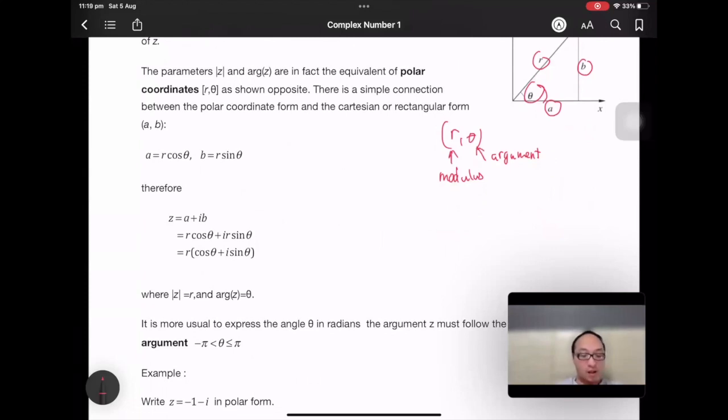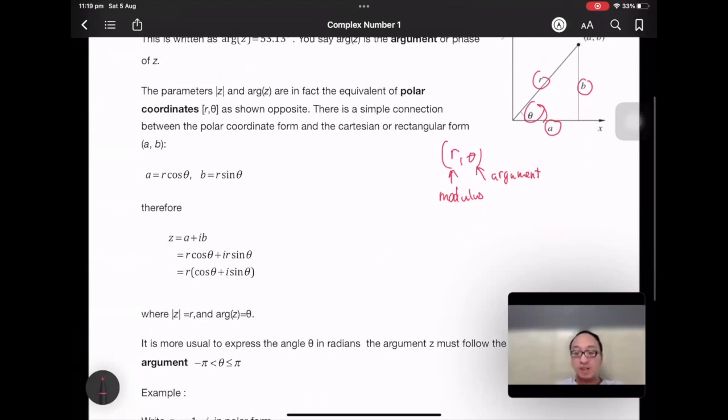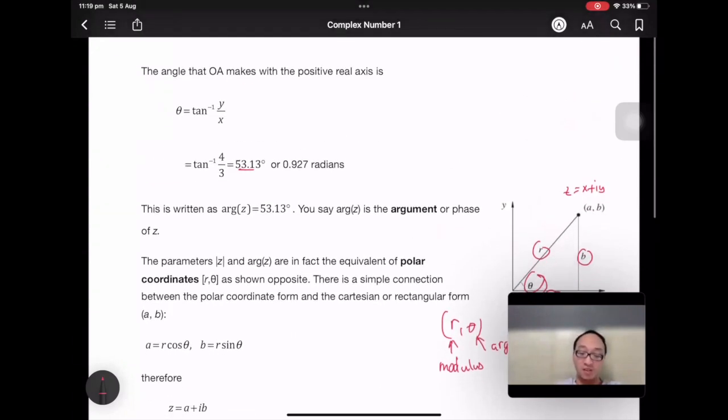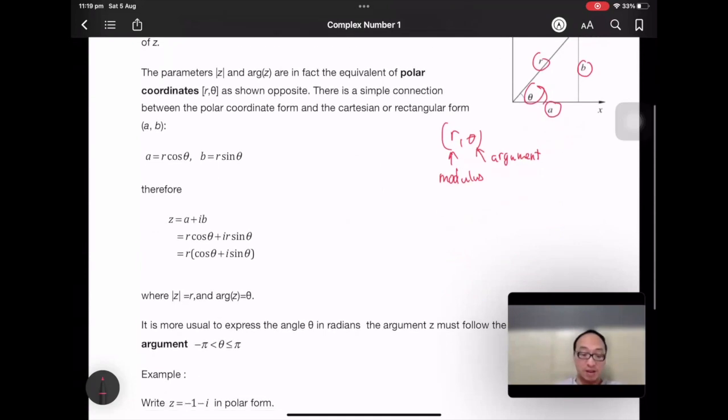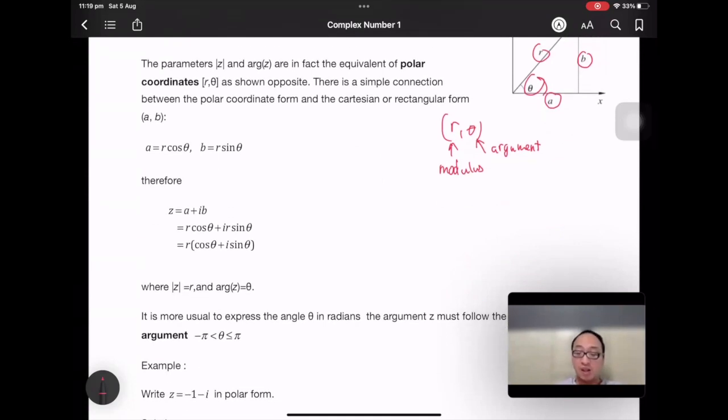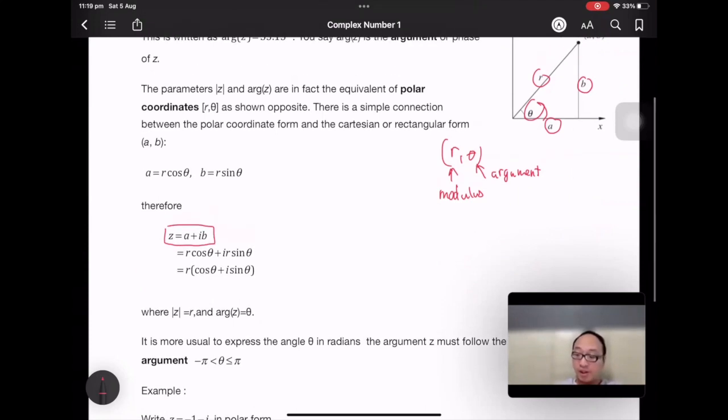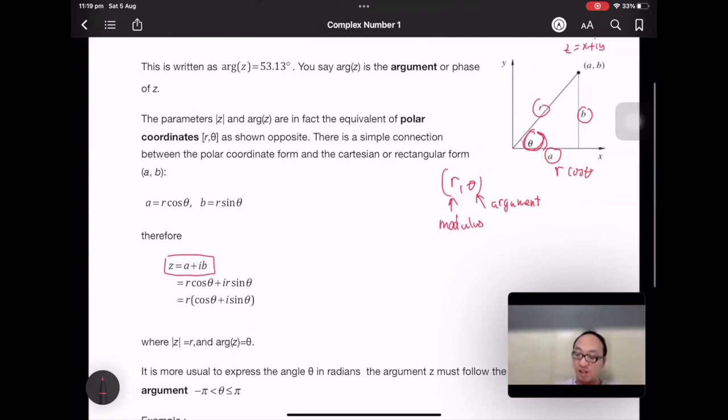How do we find the modulus? By Pythagoras. And how do we find the argument? It's by the tangent inverse. And then how do we write the polar coordinates? By changing the x and y. This is r cos theta, because this is theta, and the y will be r sine theta.